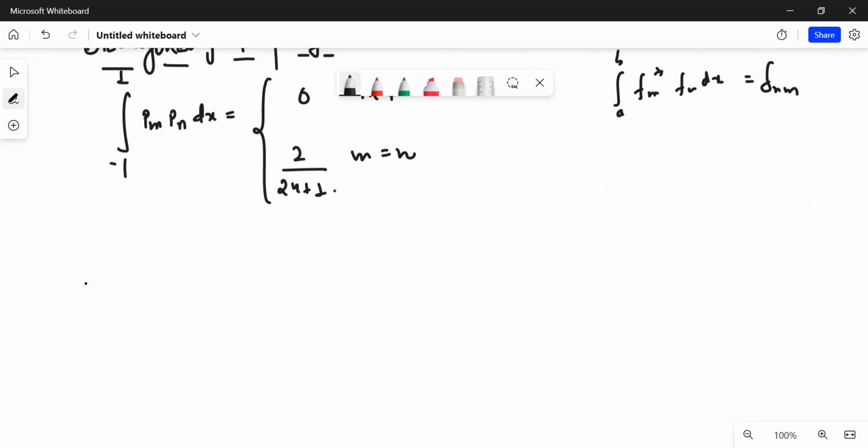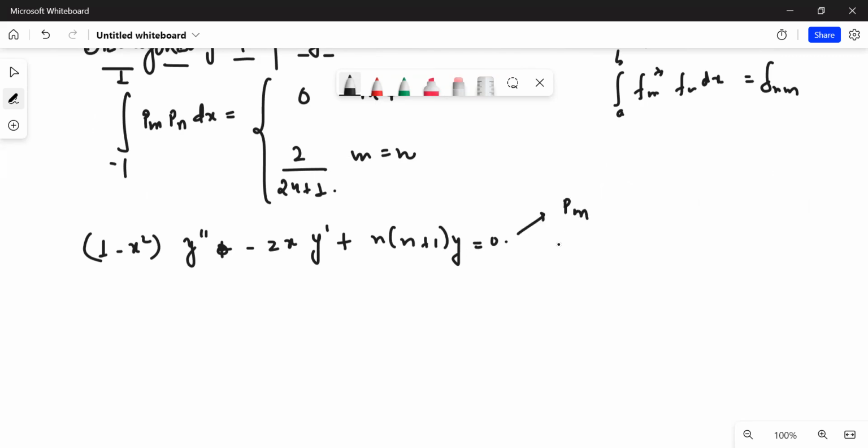As we know, Legendre's differential equation is given by (1 minus x squared) y double dash minus 2x y dash plus n(n plus 1) y equal to 0. If this is the differential equation, both P_m(x) and P_n(x) satisfy it.